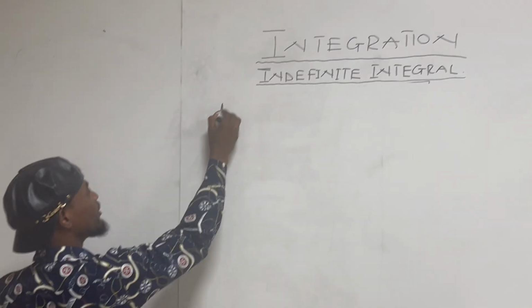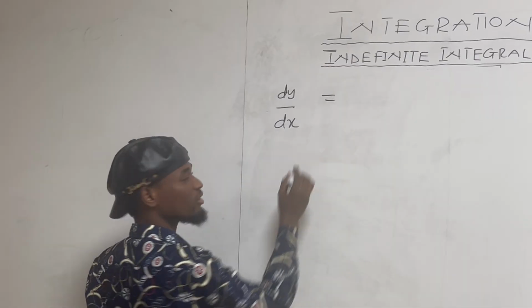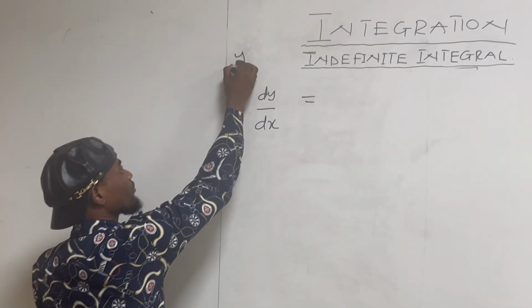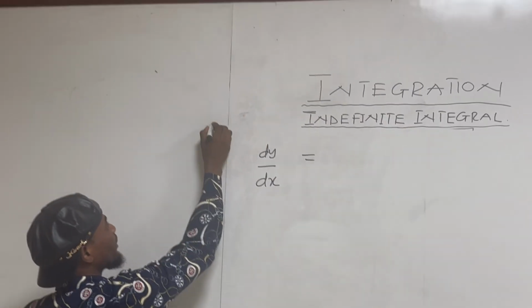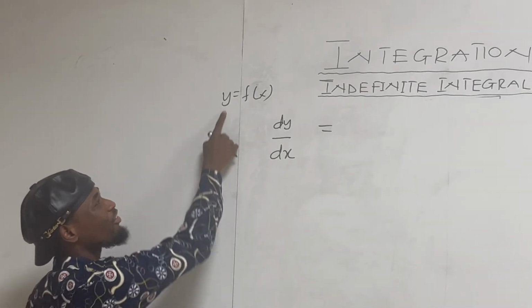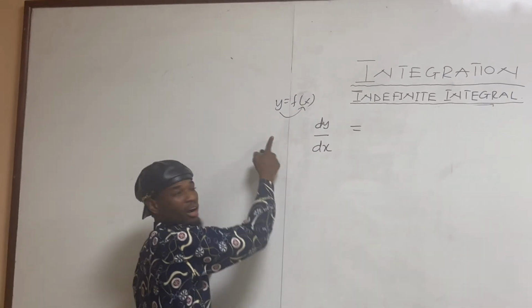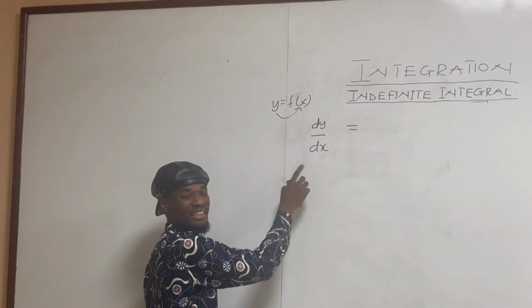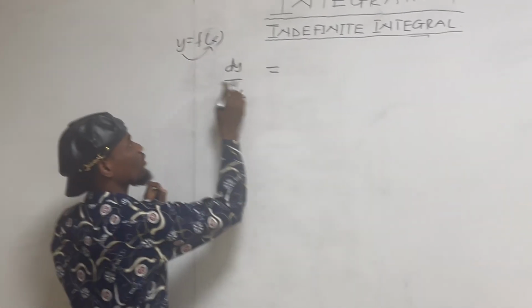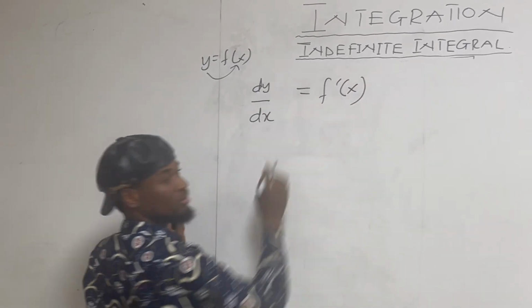Let's consider this. If I have a function y which is equal to f of x, when I differentiate or when I find the derivative of y with respect to x, I'll get what? dy over dx. So when you differentiate y, you get dy over dx, which is equal to f prime of x.